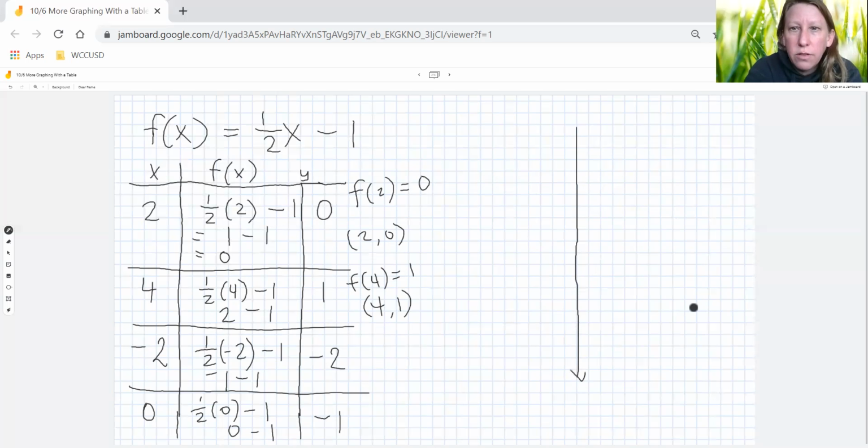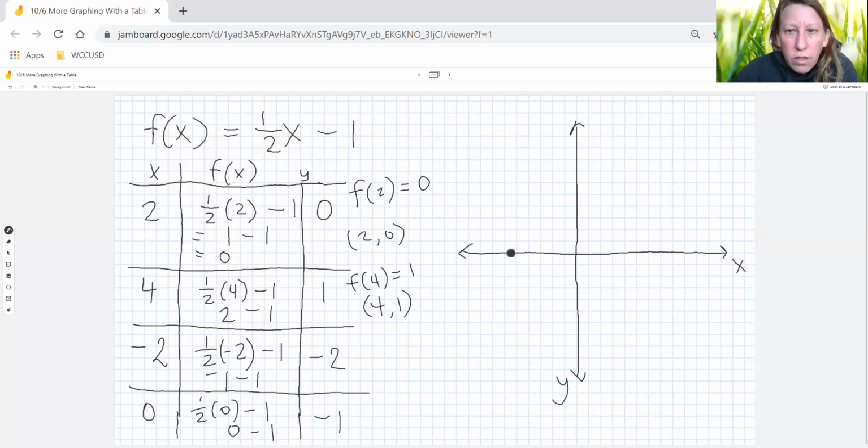This one looks pretty centrally located to me, so I'm just going to draw a regular coordinate plane. I'm going to label my axes x and y. I could also label this f of x, but I think I'll name my line f of x. Okay, and then we can put these points on here.